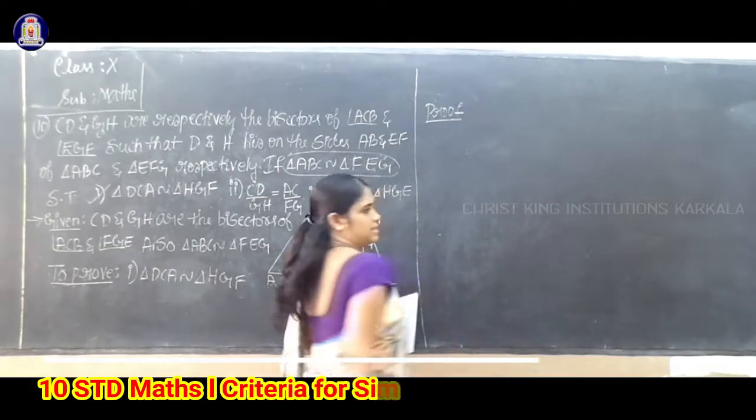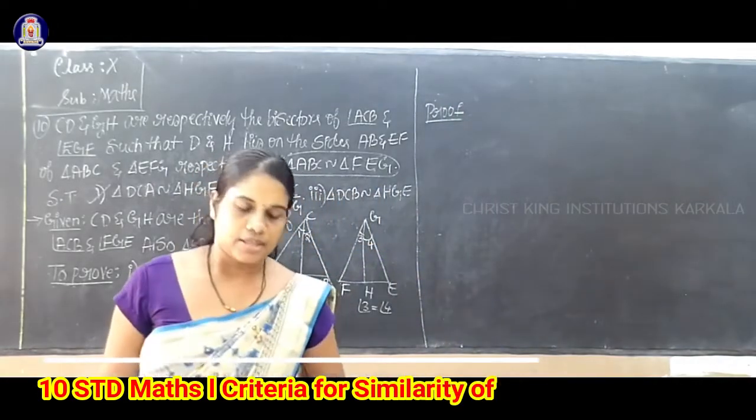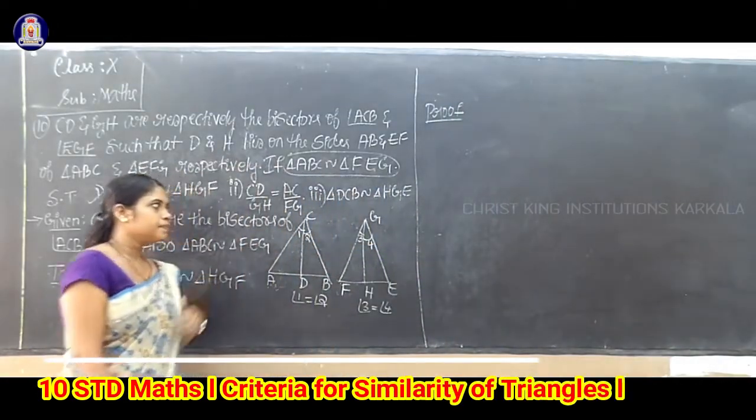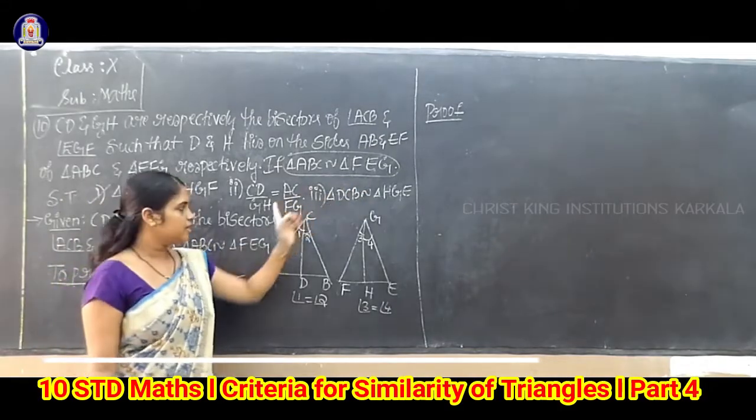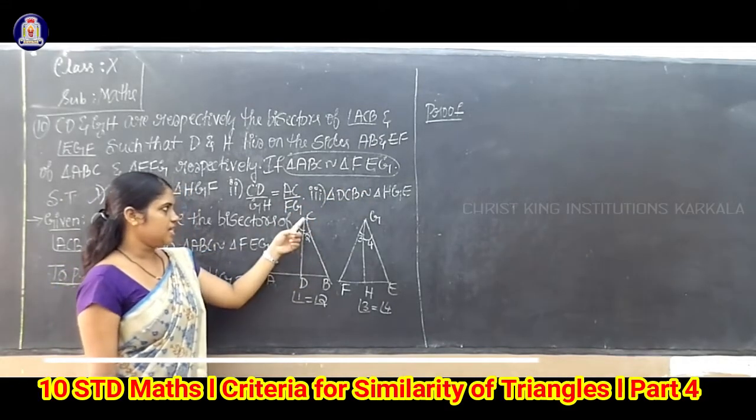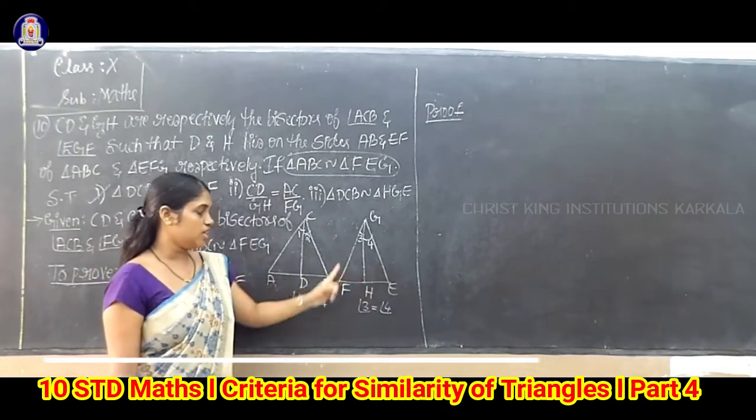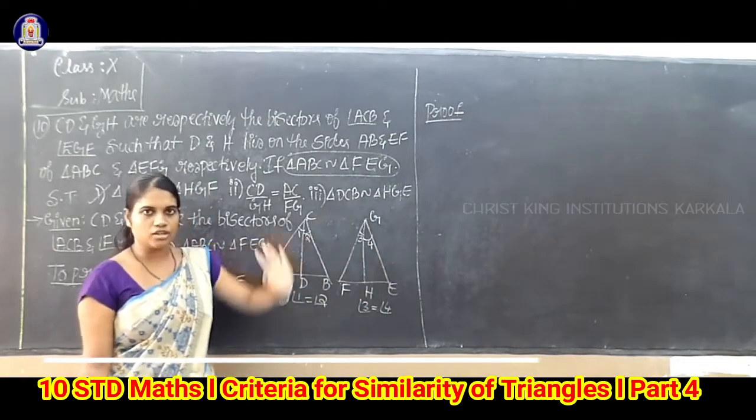So here I will consider the proof part. We have already been given that triangle ABC is similar to FEG. This is already given in the question, isn't it?